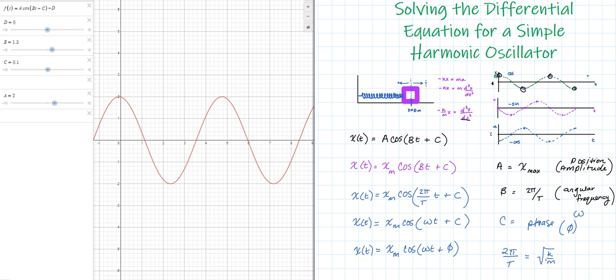So what we find here is that if we were to put this into the function, we could have a function that looks something like this: x sub m times cosine of the square root of k over m times t plus phi. And this would tell us where the object is at any given time if this is the rate at which you are passing through the phase angle. So you could put in any time value and show where the object is at a given time.